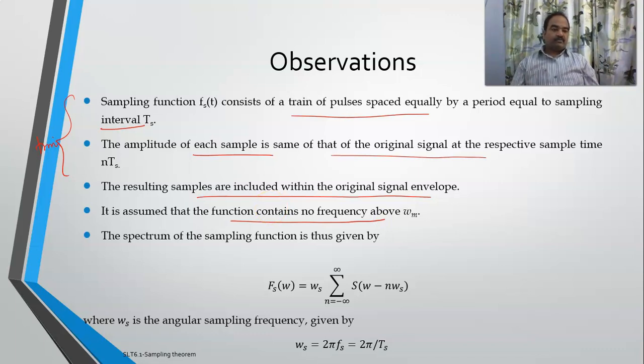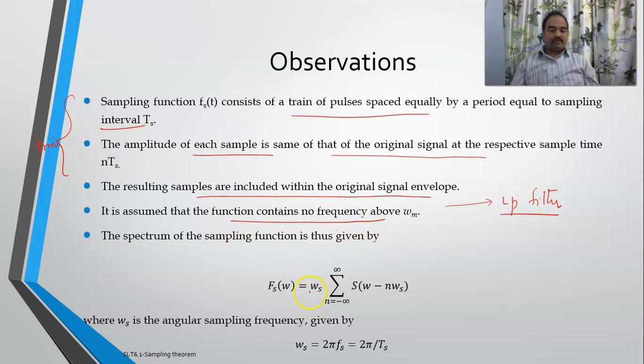That's why, before converting into digital, we go with a low-pass filter, where we eliminate higher order harmonics and limit ourselves only to lower order frequencies. So based upon that assumption, I'll take that my signal doesn't have any frequency higher than omega m.